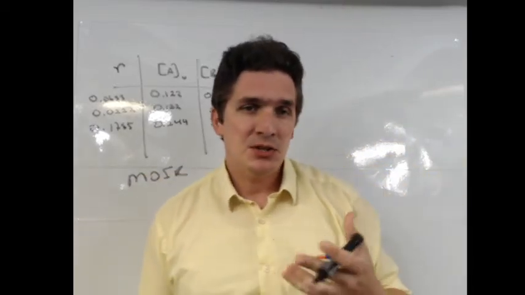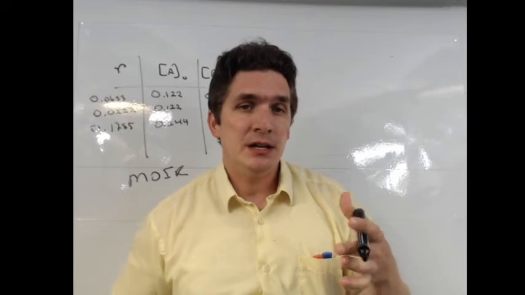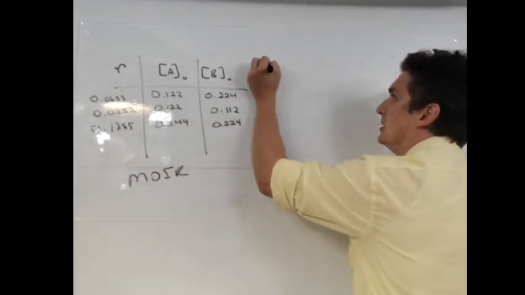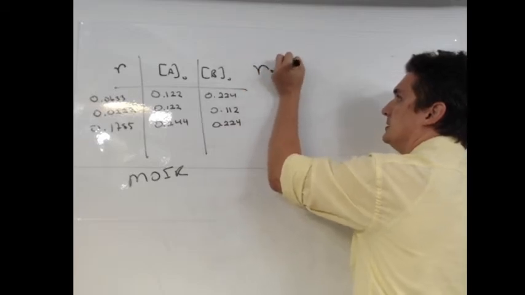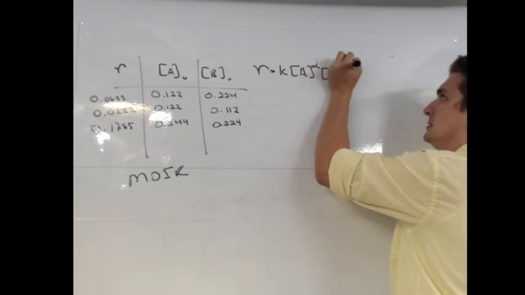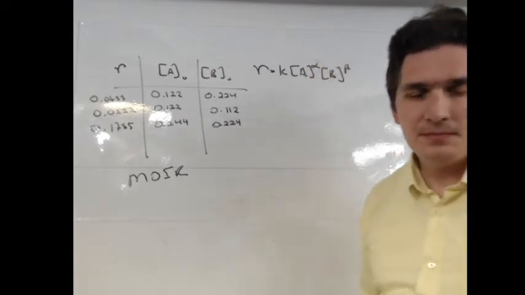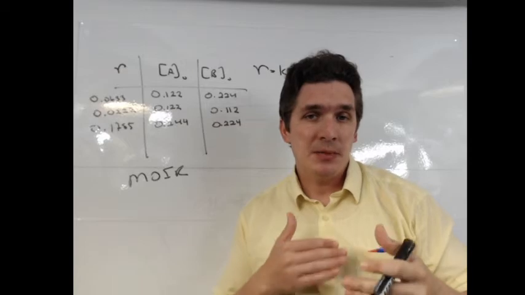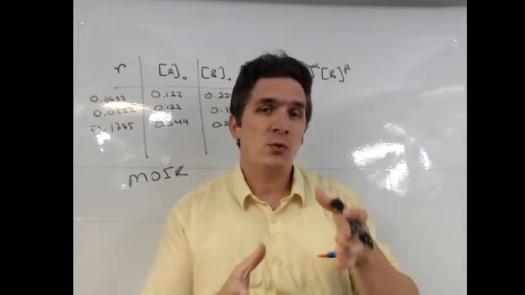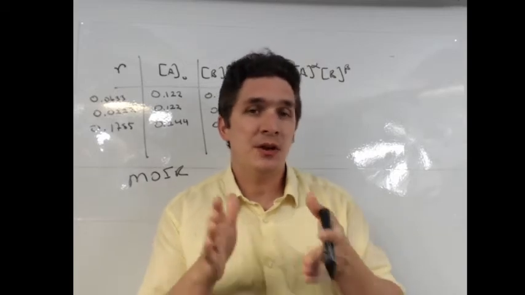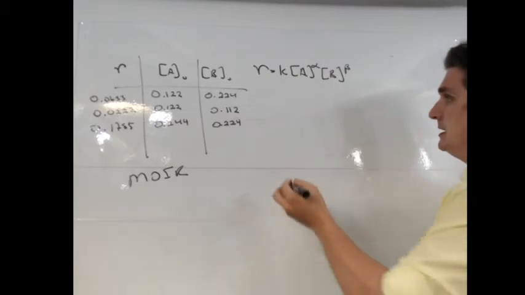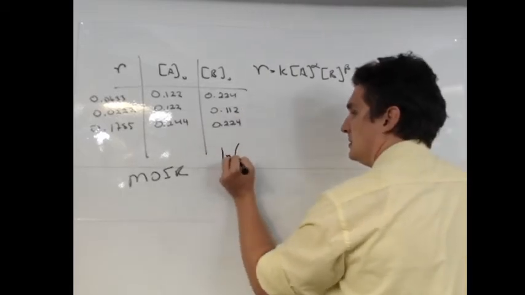Now, with method of initial rates, there's a formula that we can get if we rearrange the rate law. So we're going to assume here the rate law takes the form K, A to the alpha, B to the beta. And manipulating, if we compare two runs, because this is how we would do it in the lab, right? If we wanted to know the order of one concentration, we would keep the other concentration constant. So we're going to compare two runs, and to do this, we're going to use the long formula.